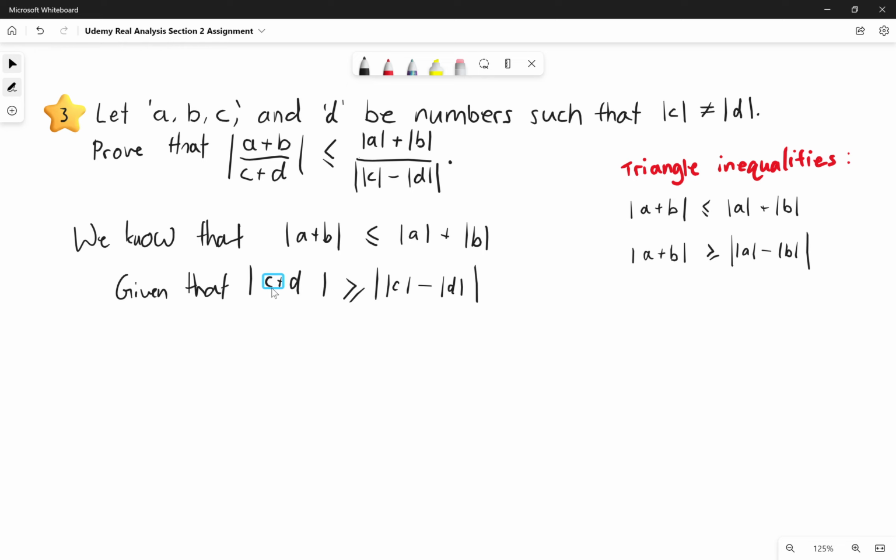So given that this c plus d is larger than this, I'm not going to explain it, but given that it's larger, if you divide a plus b by a larger number, then you're dividing this a plus b by, right?